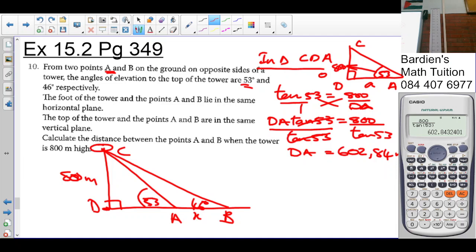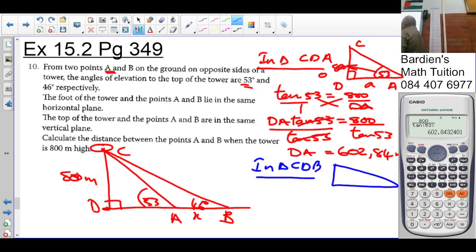In the other triangle, right-angled triangle CDB, we have a triangle looking like this now. We've got 46 degrees here. We have again 800 there. What I'm going to calculate here is DB, which is your adjacent. We have the opposite again. So in that case, I'm going to use tan again. So we say tan 46 degrees equals opposite, which is CD, which is 800 over DB.